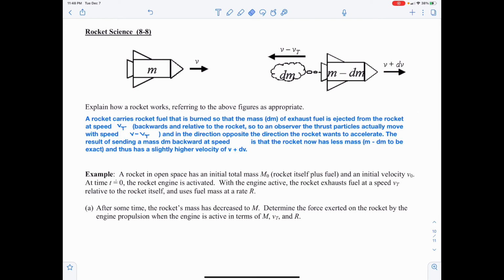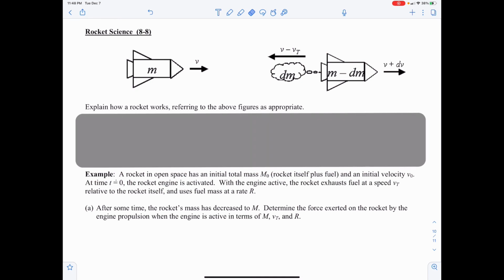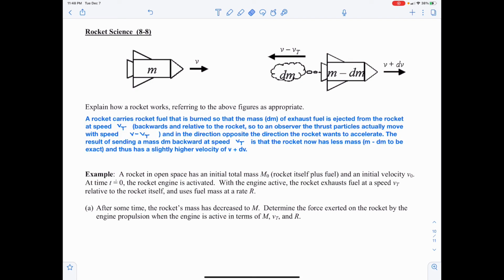To summarize that, a rocket carries rocket fuel that is burned so that the mass dm of the exhaust is ejected from the rocket at a speed vt backwards relative to the rocket, so that to an observer, the thrust particles actually move with speed v minus vt. Think about that.